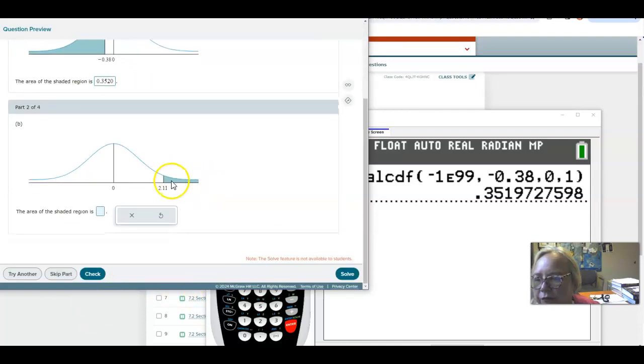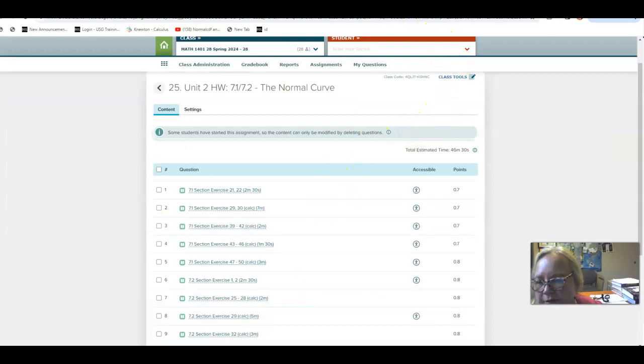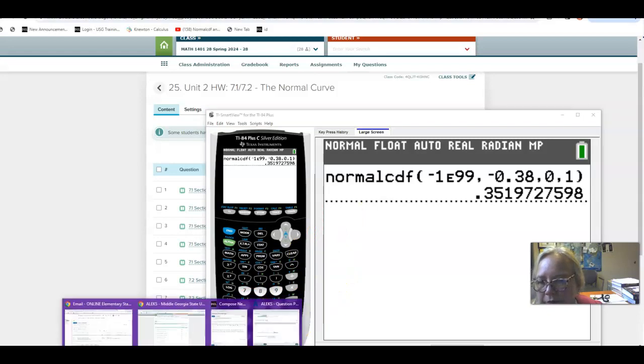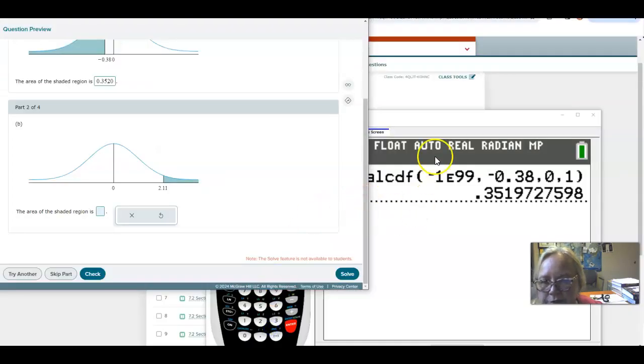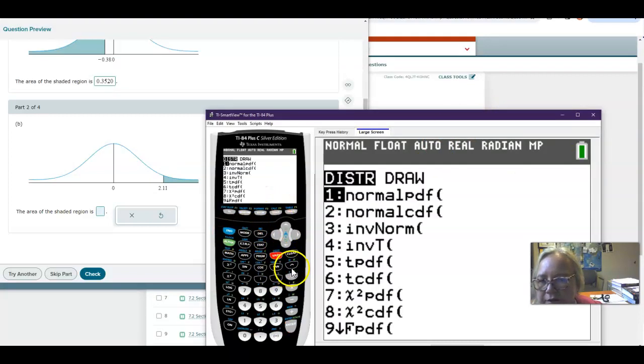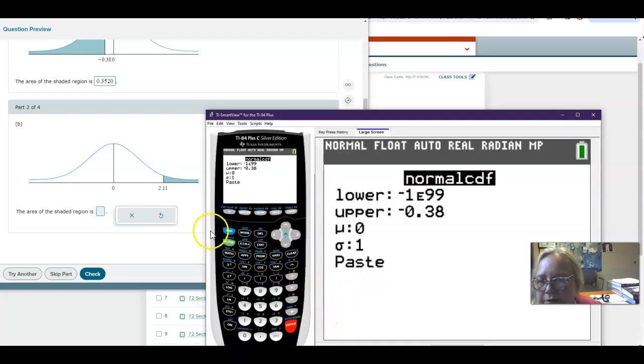Now we have to find the area to the right of 2.11. Again, we will use the normalcdf command on our calculator, and I'll restore the picture so you can see. Second bars, and we use normalcdf.